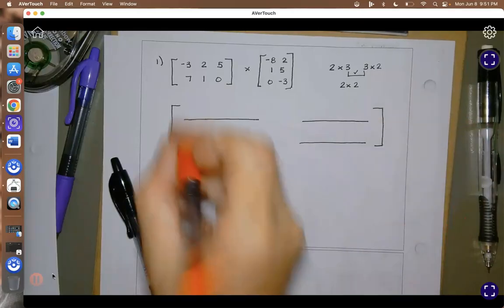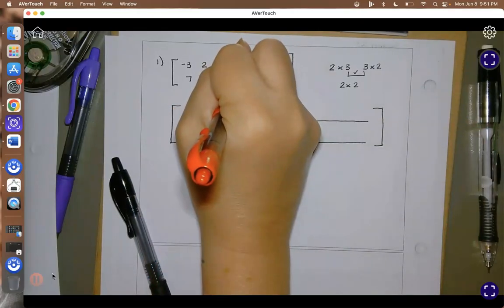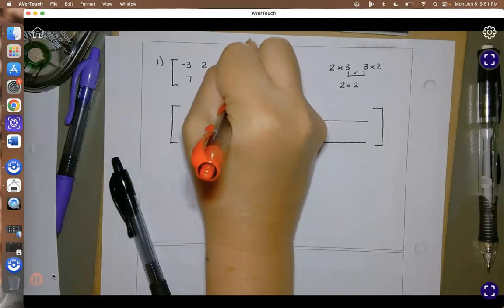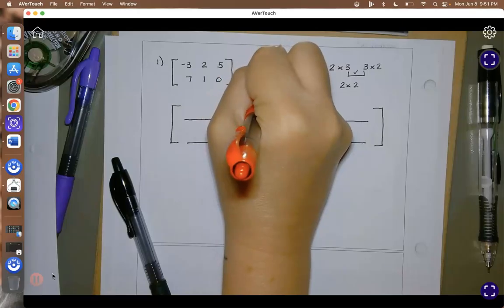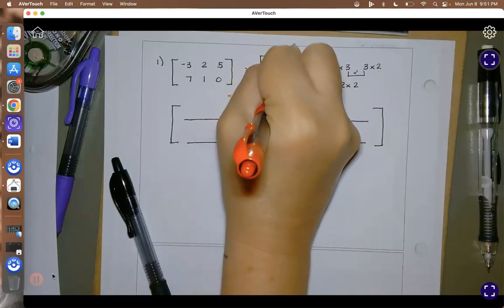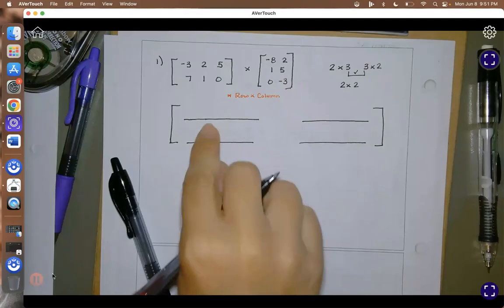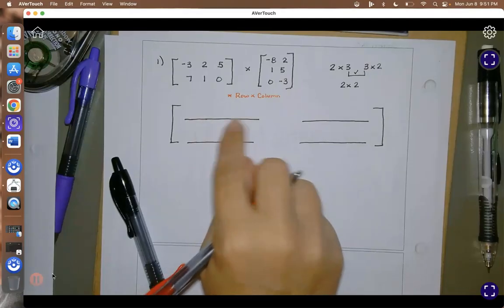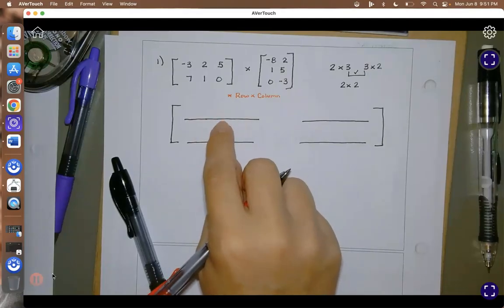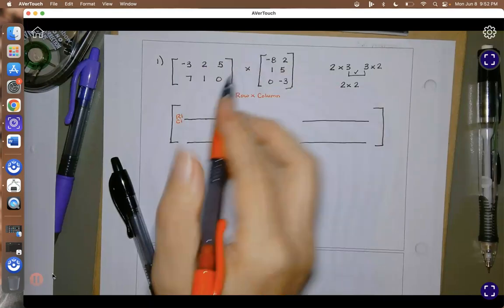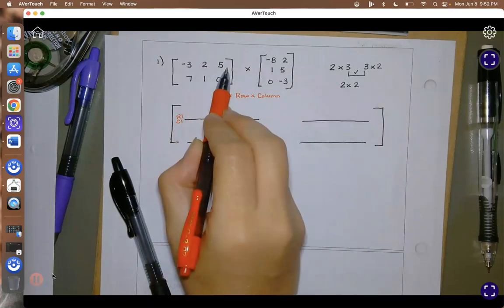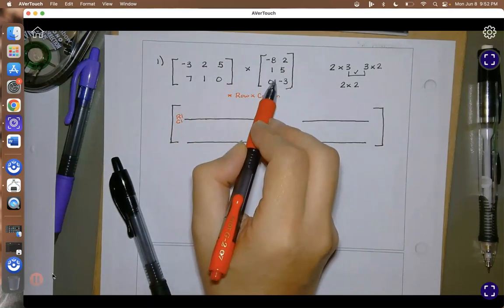I'm going to multiply a row times a column. So how you decide what row and what column: well, this is row 1 and column 1. So you multiply row 1 times column 1.